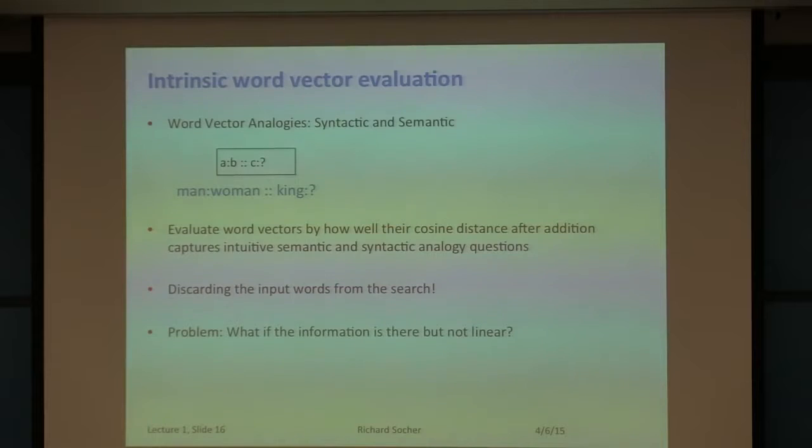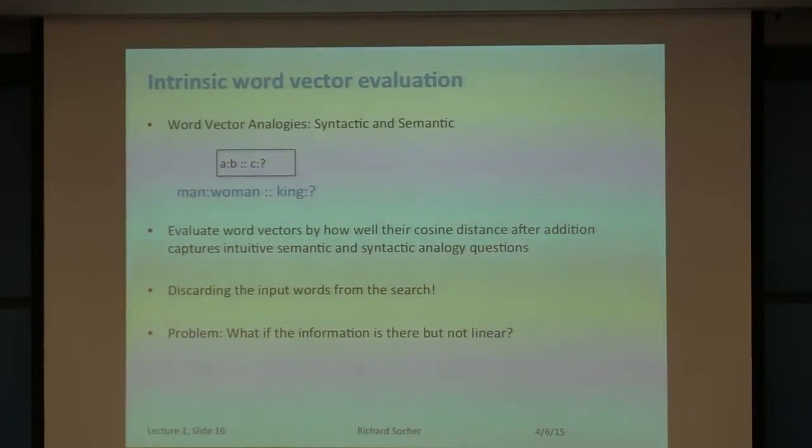And another problem before we go into this, because it is really amazing that it happens: maybe the information is in the word vectors. If you trained another word vector model and now it doesn't do well on this specific task, maybe the semantic and syntactic information is still in these word vectors, but it's not linear.